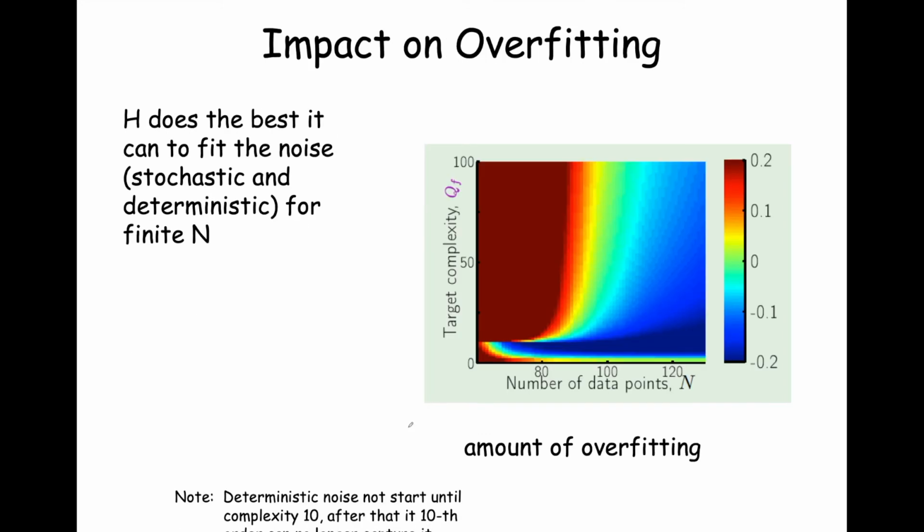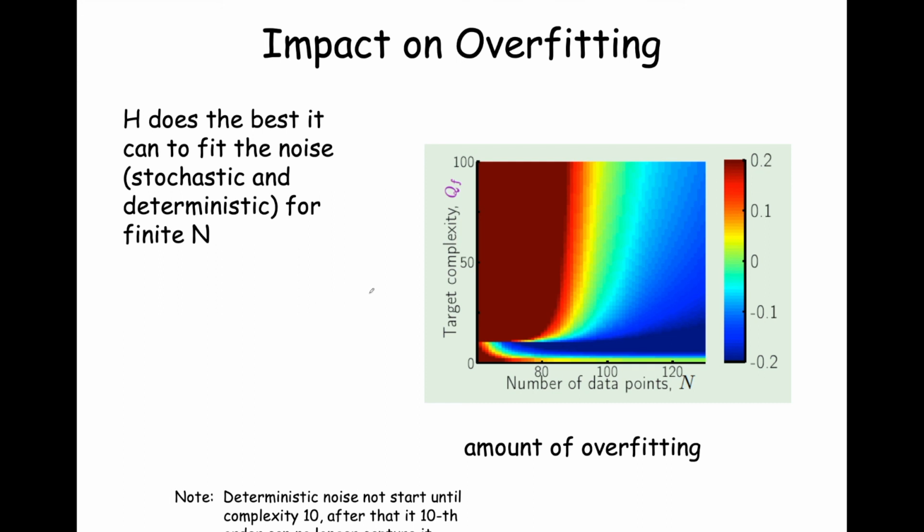Your hypothesis does the best it can to fit the noise, regardless of whether it's stochastic or deterministic, when you have a finite n. Certainly if n goes to infinity, it can keep up, and Hoeffding's inequality tells us this because you have infinite data resources.